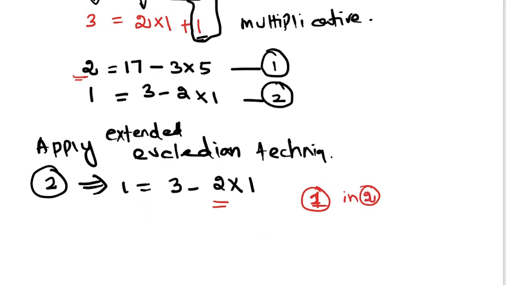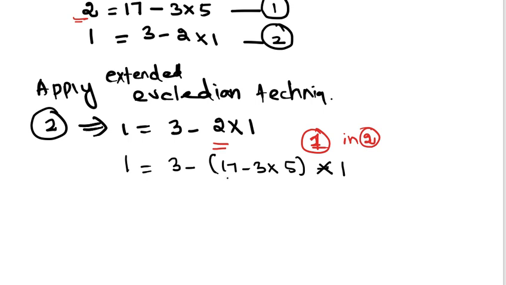What was the change in this expression? 1 equal to 3 minus, instead of 2 we substitute 17 minus 3 into 5, and then this 1. So 1 equal to 3 minus 2, where instead of 2 we substituted 17 minus 3 into 5.